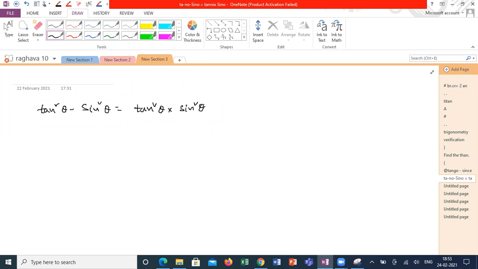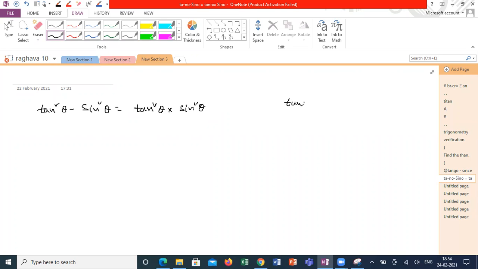Guys, any other things? Is it possible to use a plus b into a minus b? Will any cancellations happen that way? Sin theta by cos theta minus sin theta. Is it helpful? Check it.